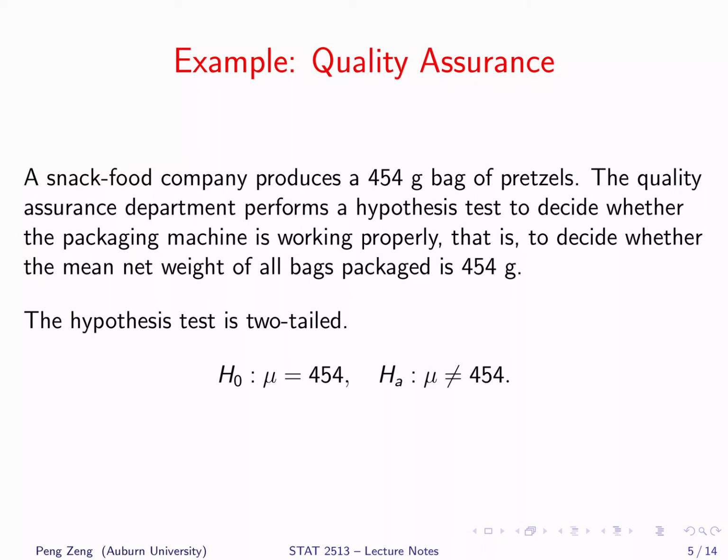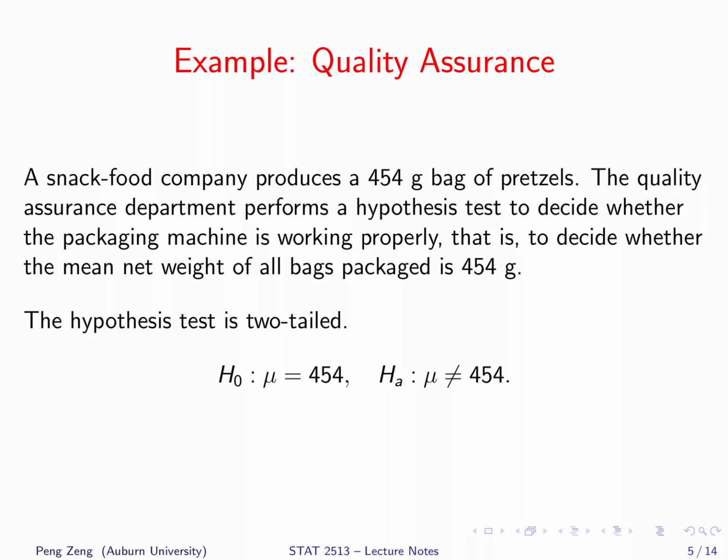Let's check one example. A snack food company produces 454-gram bags of pretzels. The quality assurance department performs a hypothesis test to decide whether the packaging machine is working properly. That is to decide whether the mean net weight of all bags packaged is 454 grams.